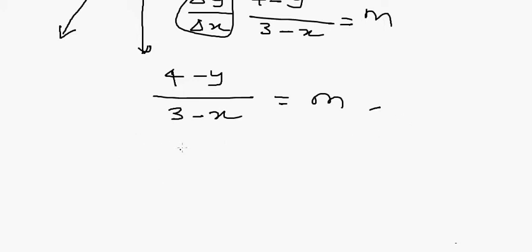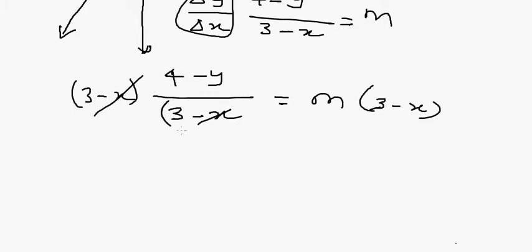What I can do is multiply both the sides by 3 minus x, or just simply, if it's in division over here, it's gonna be multiplied on this side. Either way, whichever outlook you prefer. So these two are gonna be cancelled, and we're gonna be left with 4 minus y is equal to m into 3 minus x.